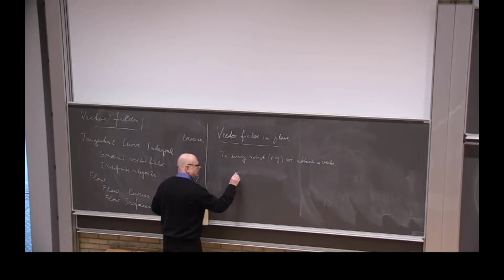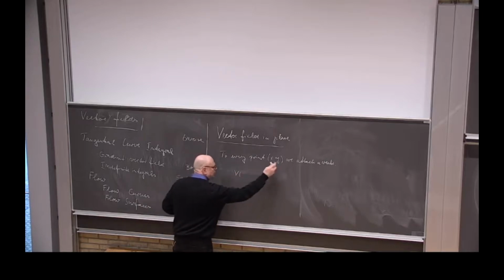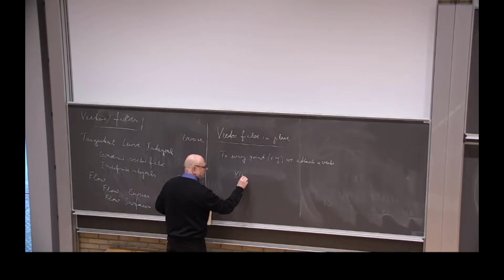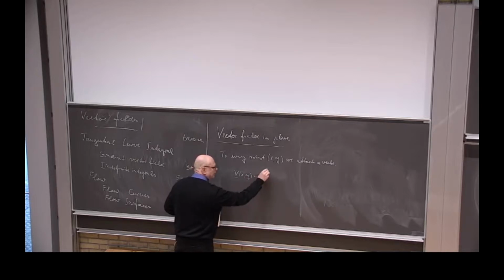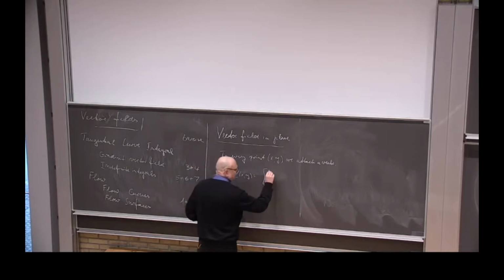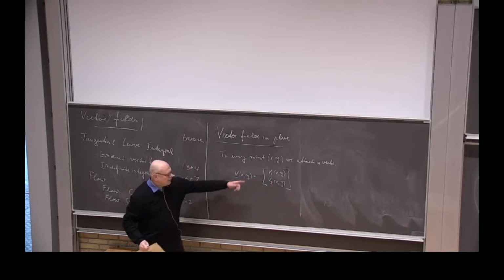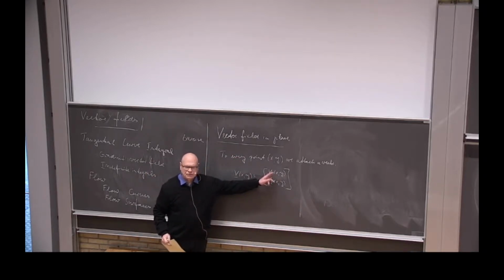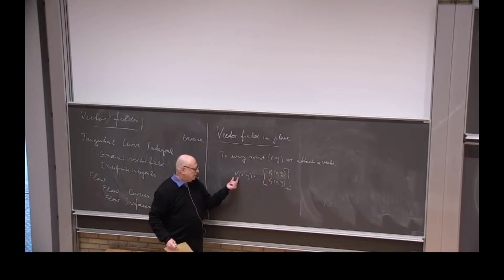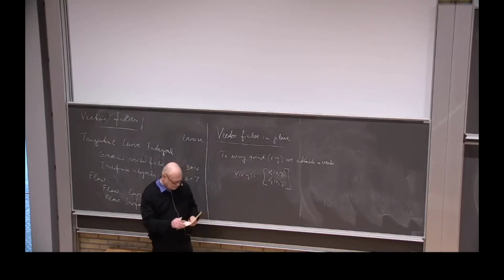That is, if we have this point here, then we write it in this way. So you have coordinate functions that are functions of two variables, v1 and v2, and this is a vector. This is a vector symbol, and normally for vector fields you use capital letters.